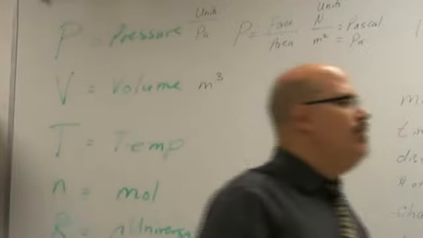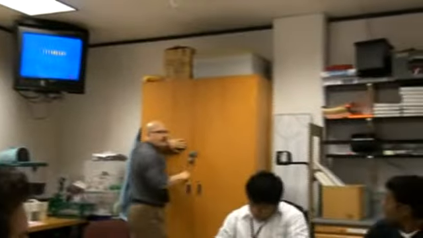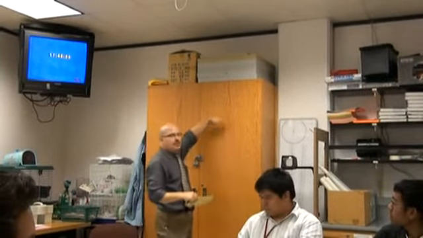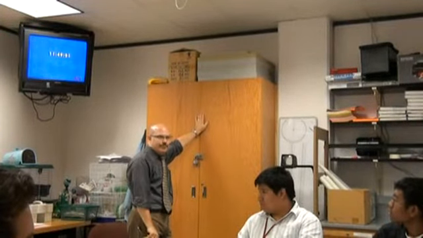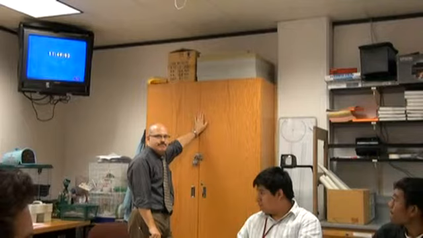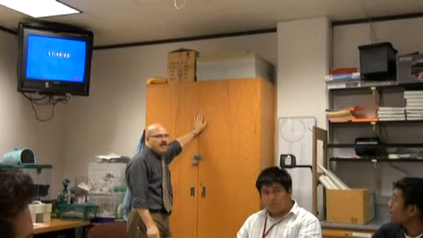Like for instance, this big cabinet over here is about a meter deep, a little less than a meter deep, a little more than a meter wide. So it has an area on the top and the bottom of about a meter, and it's about 2 meters tall. So this is about 2 cubic meters.